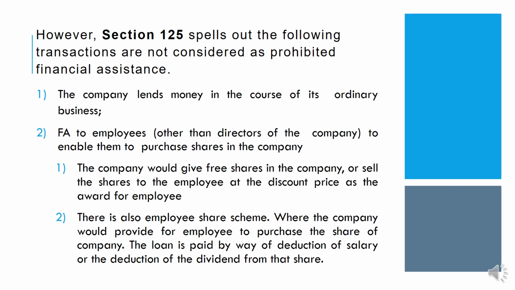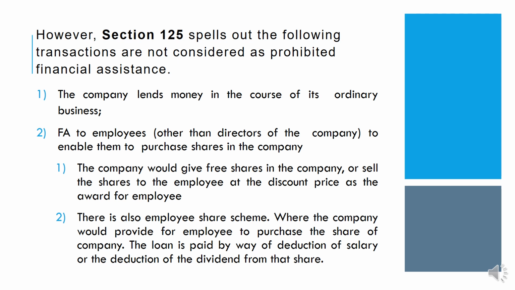So if the company lends money to me, and I took a loan from the company to purchase the company shares, this is not considered financial assistance. Financial assistance to employees is allowed to employees alone, other than directors of the company, to enable the employees to purchase shares in the company.